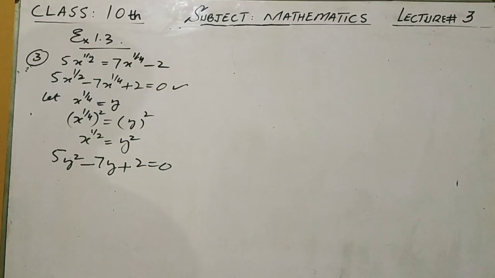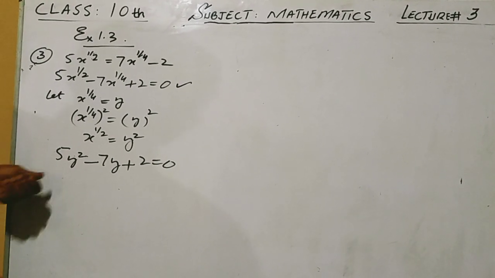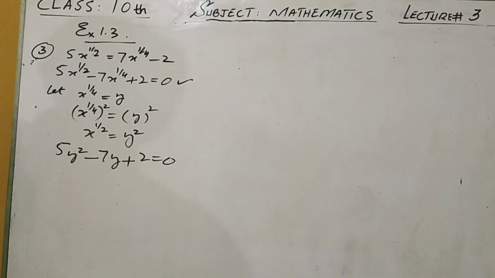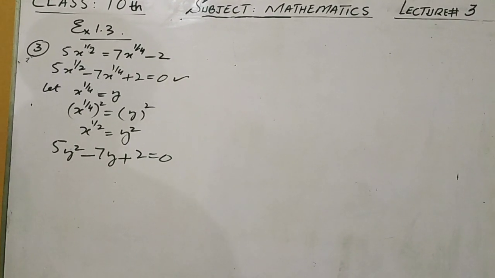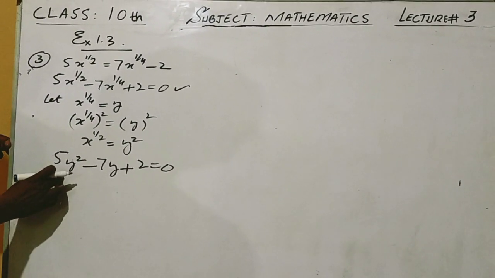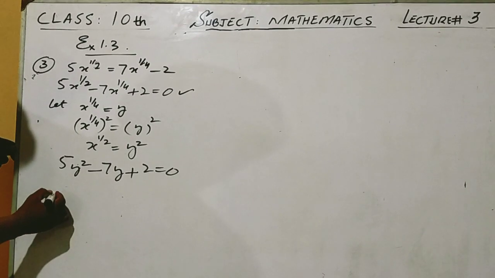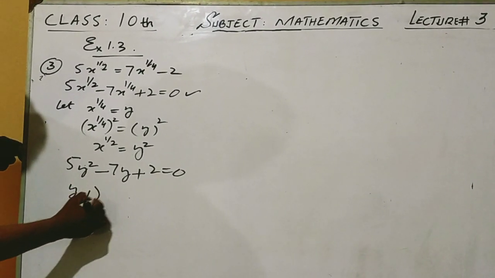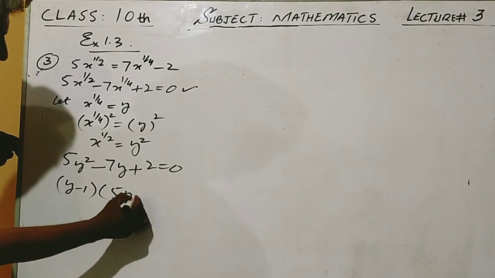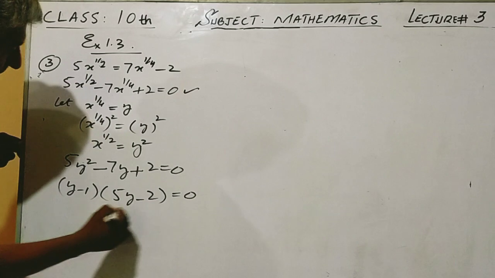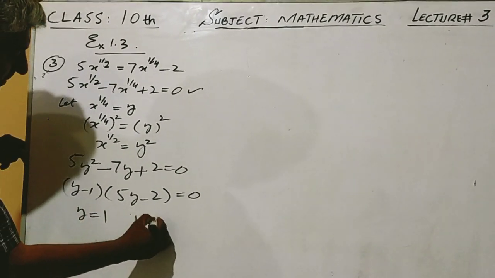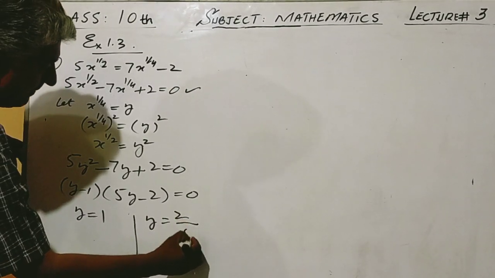Now you can solve this equation by factorization. You can solve this by quadratic equation. So simply, you should factorize this quadratic equation, and after factorization you will get (y minus 1)(5y minus 2), and ultimately you will get y is equal to 1, y is equal to 2 upon 5.